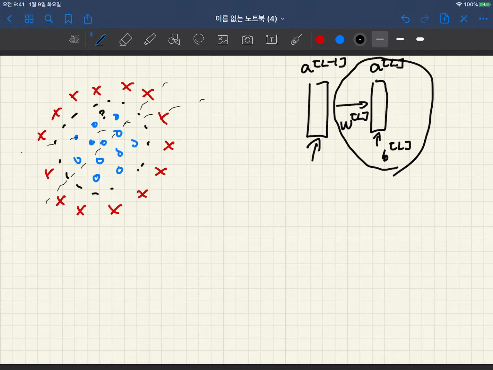Okay, so that's why we have a multi-layered neural network. Each layer can shift each point. So we can move each blue data point, each red data point, layer by layer, so that in the end we can easily classify red point and blue point.